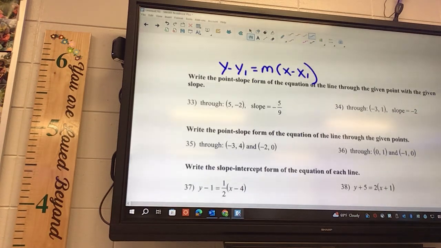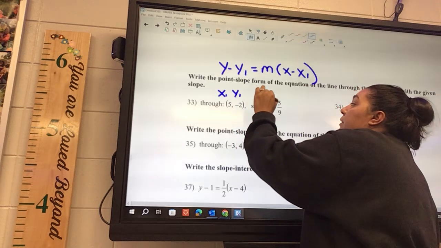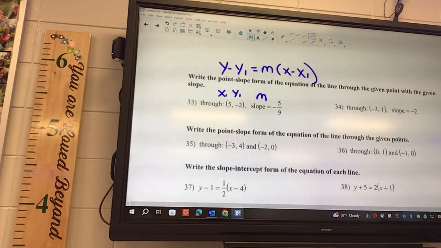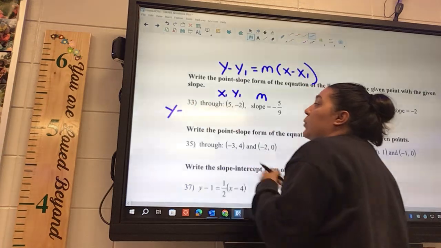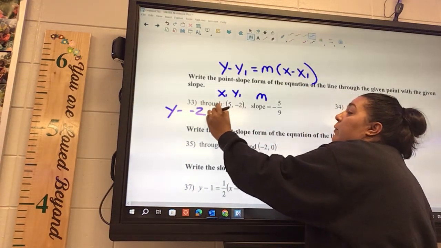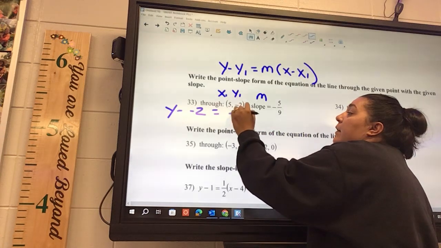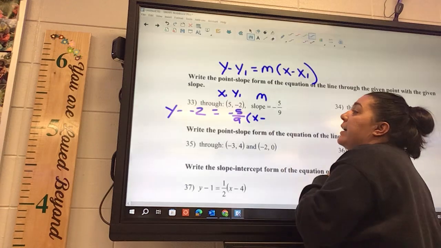Okay, so we're going to go ahead and label x1, y1, and this is my m. Okay, so it's going to look like y minus, what's my y1? Negative 2 equals my m. It's negative 5 over 9. x minus, what is my x1?